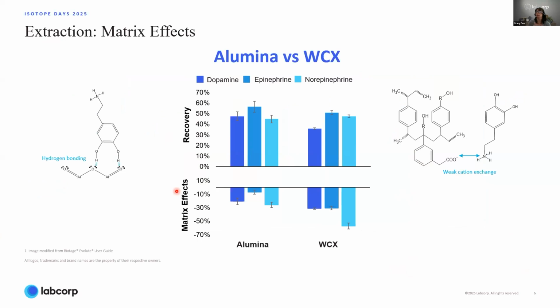The weak cation exchange was comparable, but there was another piece. The hydrogen bonding that occurs with the alumina gave us a way to separate catecholamines, which are right here, from their metanephrines, one of the metabolites. So we chose to continue on with alumina.